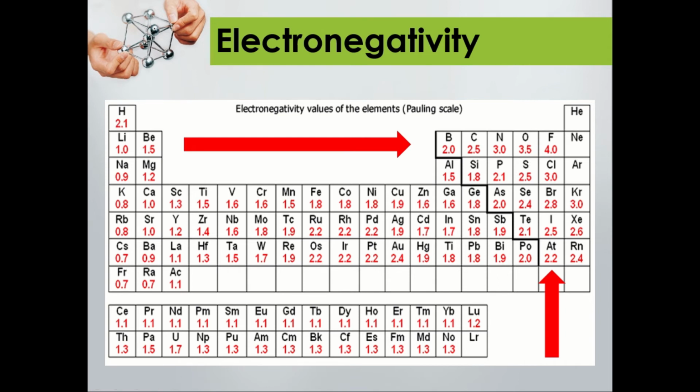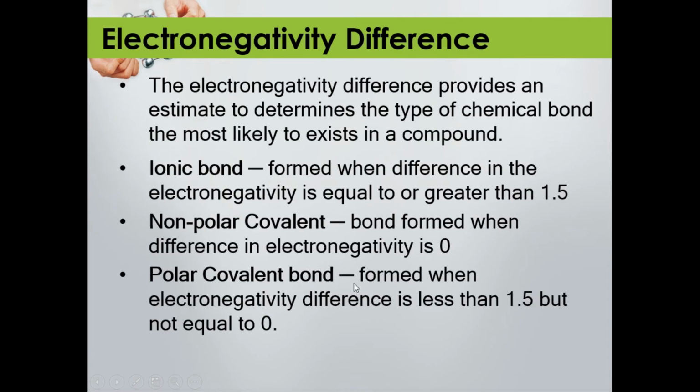So the electronegativity difference is 1.4. Let's find out if it falls under a polar bond. Again, a polar covalent bond is formed when the electronegativity difference is less than 1.5 but not equal to 0. And it's correct, it's 1.4. So it is a polar covalent bond.